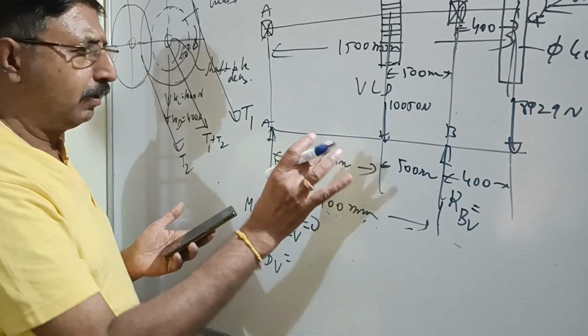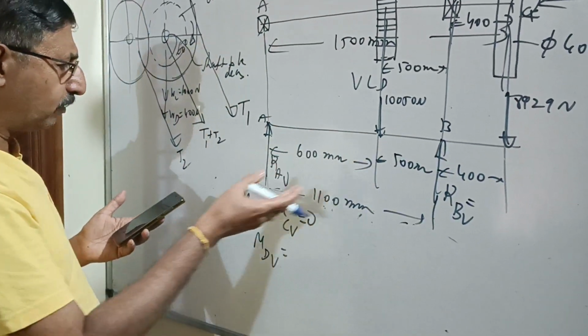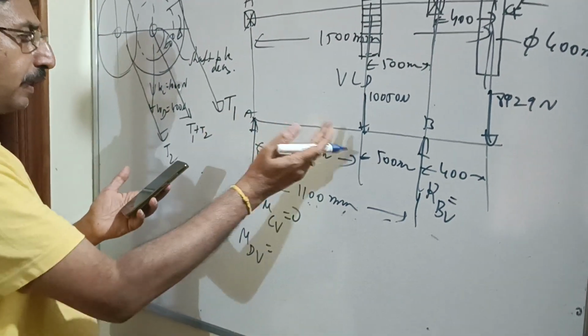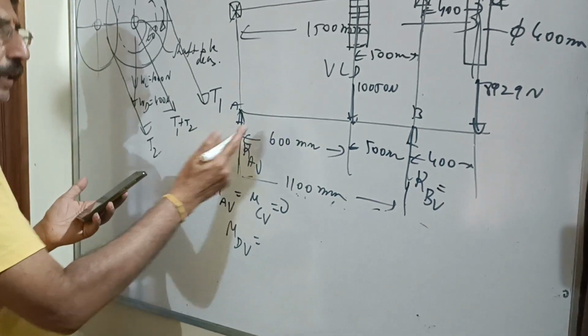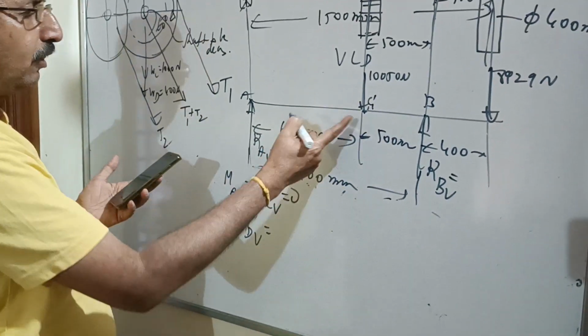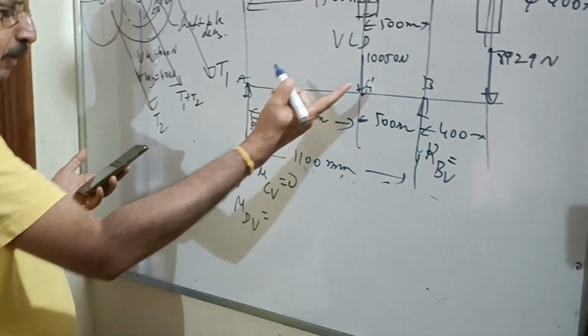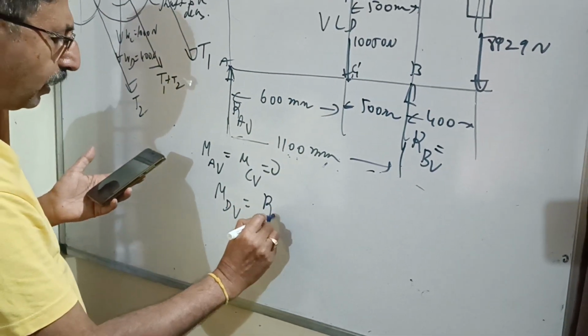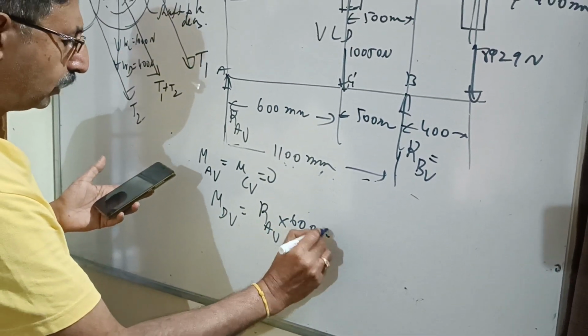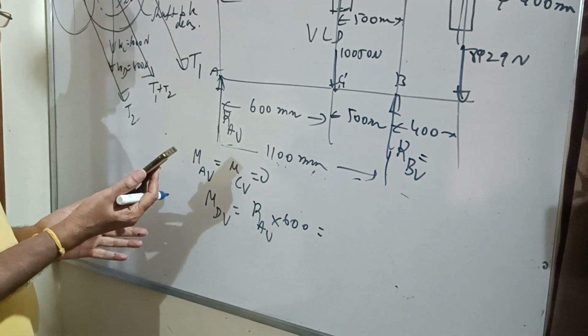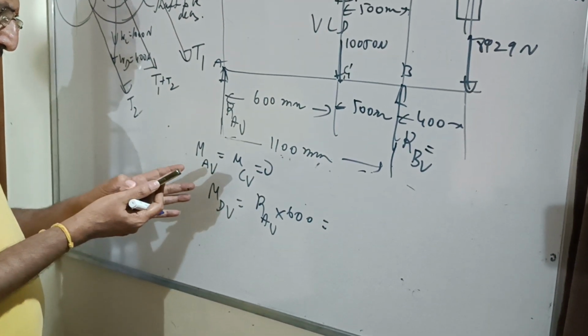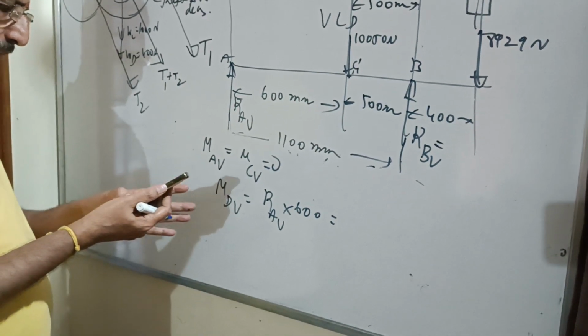That is more tedious. Because there is only one force to the left of point D, it is easy to find the moment. That is nothing but RAV into 600. So that will be the bending moment at point D.